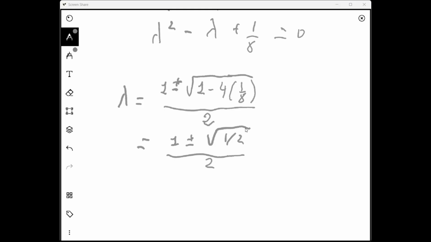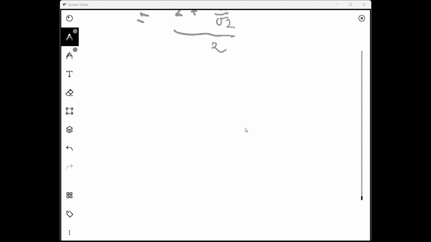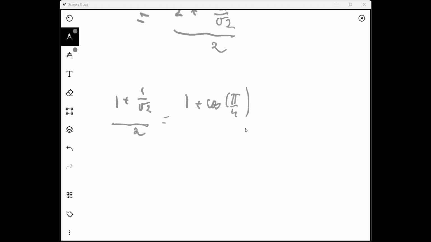Because 1 you can extract from the square root, it just becomes this. If you use trigonometry, you know that 1 plus 1 over square root of 2, divided by 2, is 1 plus cos of pi over 4 divided by 2, which is the trigonometric identity of cos squared of pi over 8.